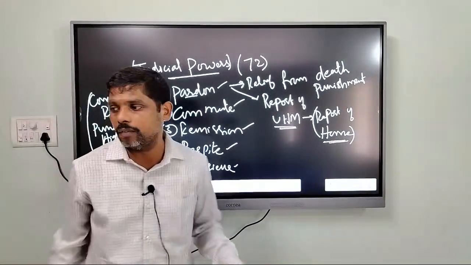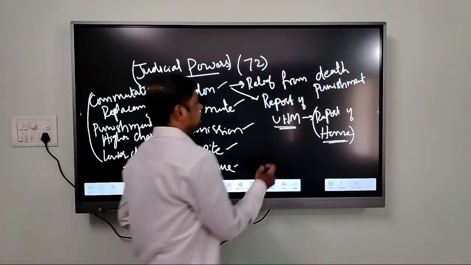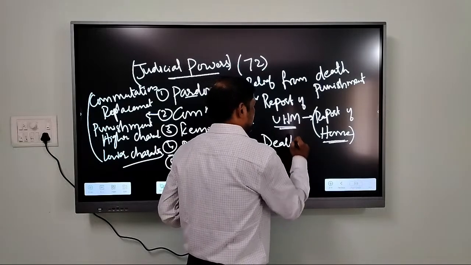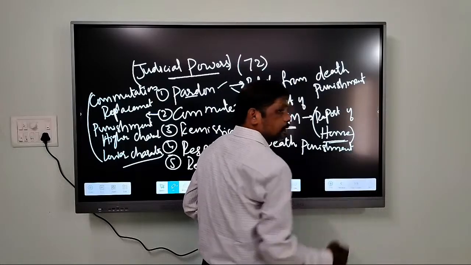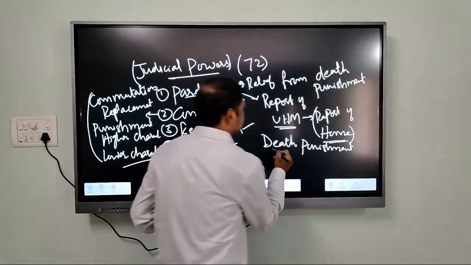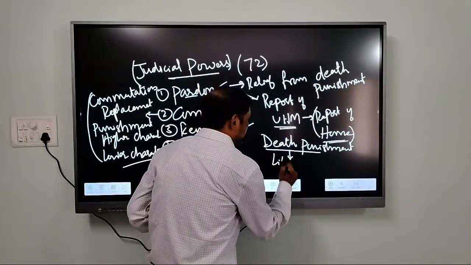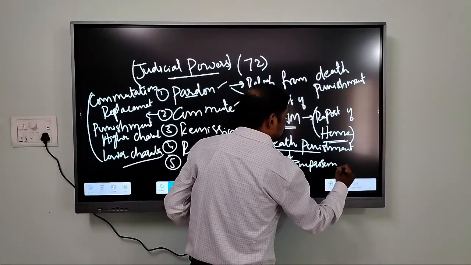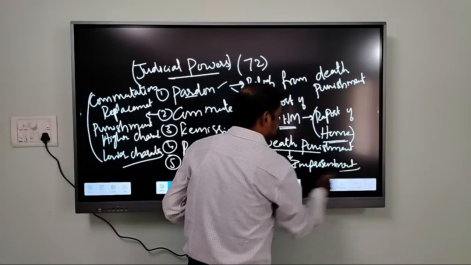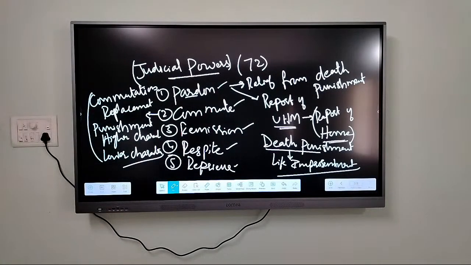Say for example, a person is given death punishment. In commutation, this death punishment is replaced by, say, a punishment with life imprisonment.